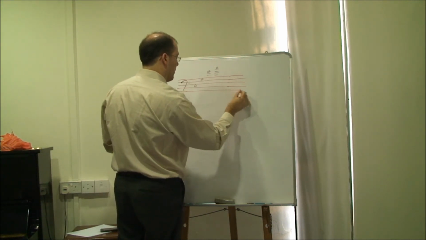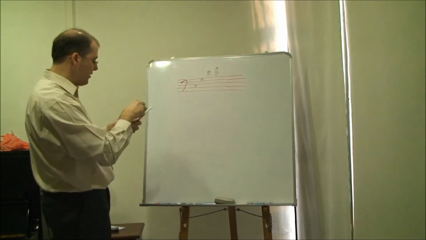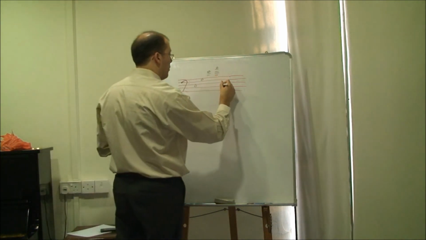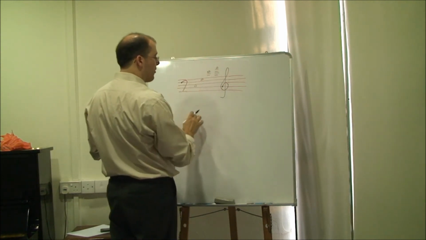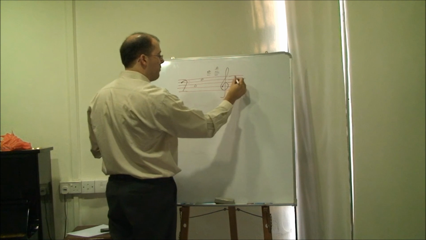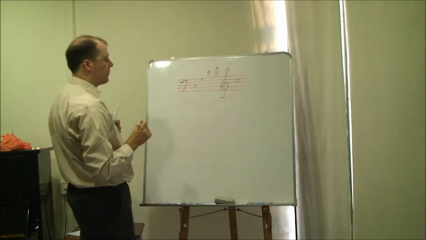So to avoid having to read tons and tons of ledger lines, you can just change the clef. So you can just rewrite that note. That's the C above middle C, which is just there. Much easier.